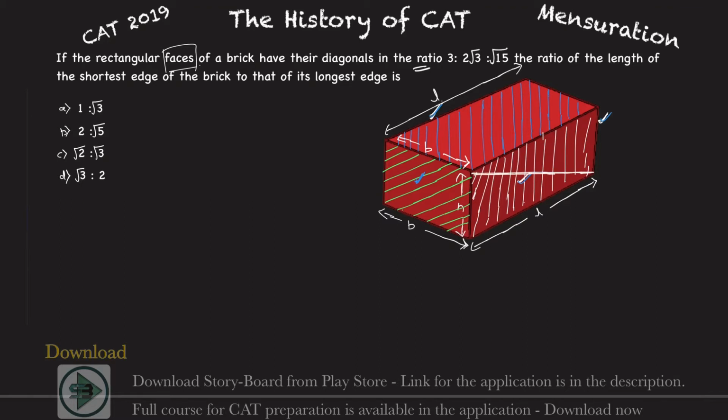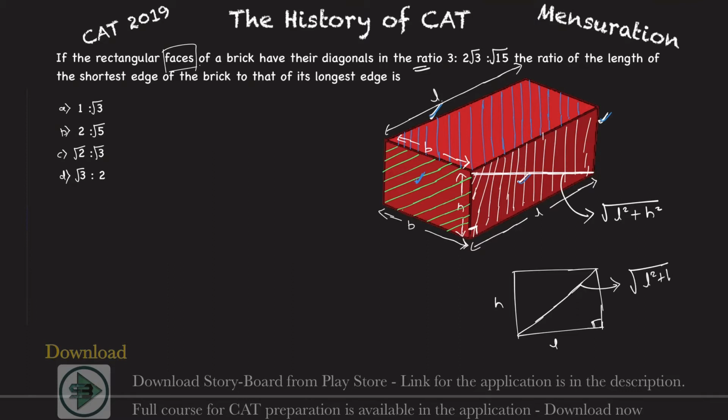If this is L and this is H, what will the diagonal be? Because this angle is 90, applying the Pythagoras theorem, the diagonal is the square root of L square plus H square. That's how I get the diagonal of this face.